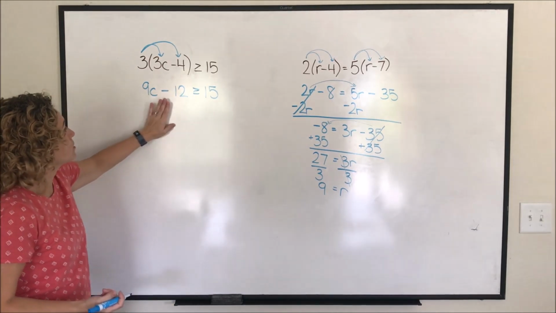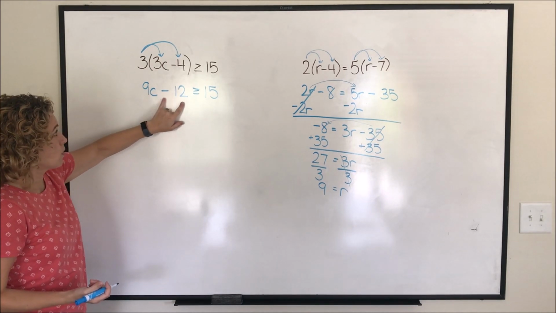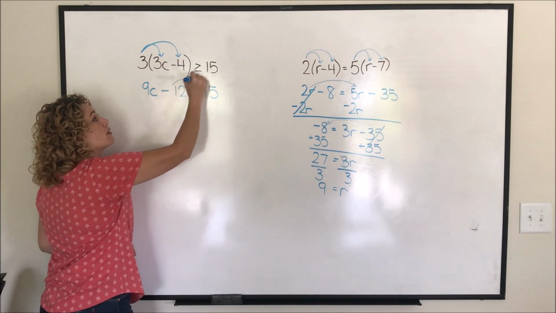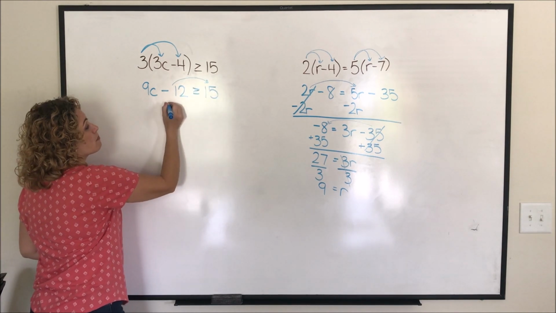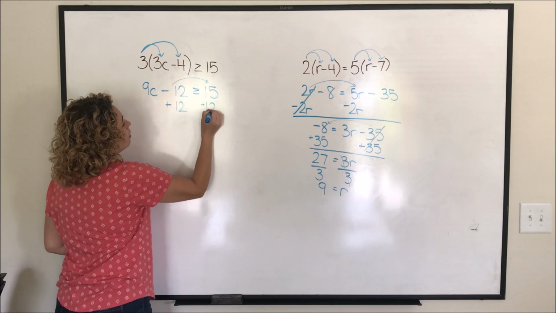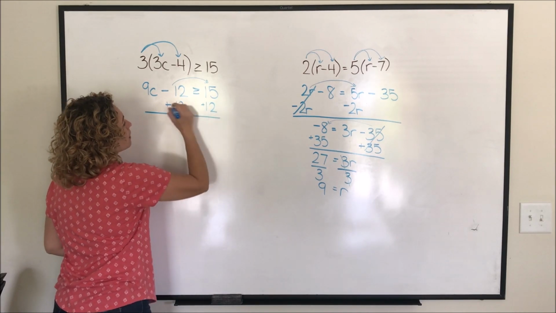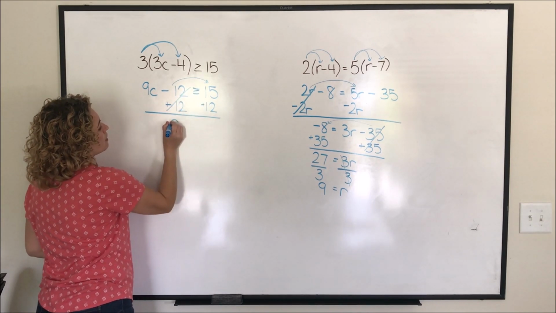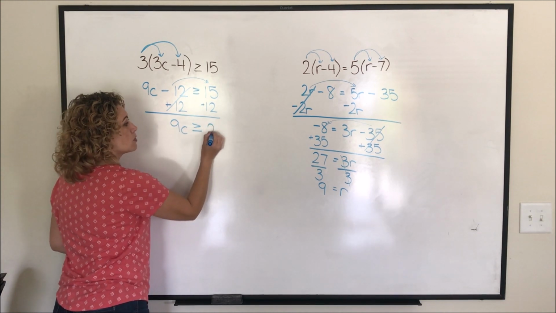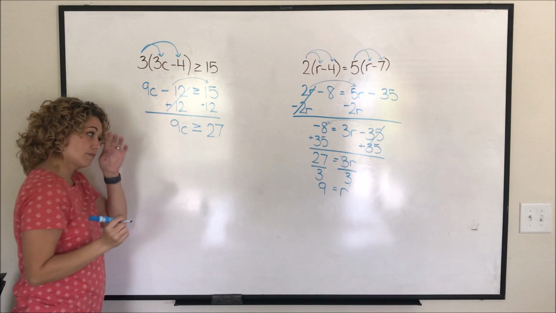Now this is just like this area here. We want to solve for the c. We're going to move that negative 12 to the other side by doing the opposite. The opposite of a minus 12 is a plus 12. Those cancel out. We're left with 9c is greater than or equal to 27.